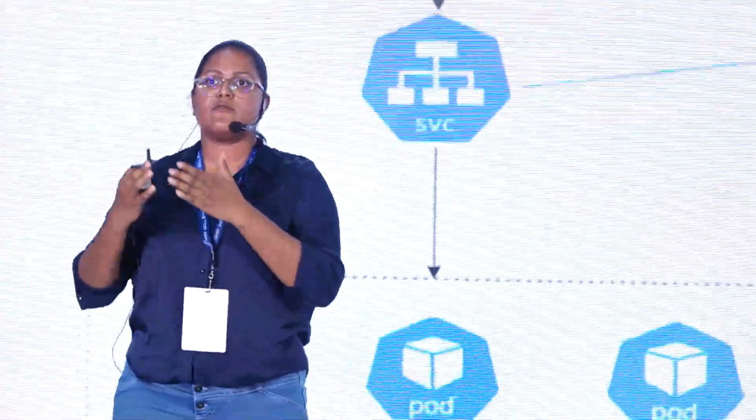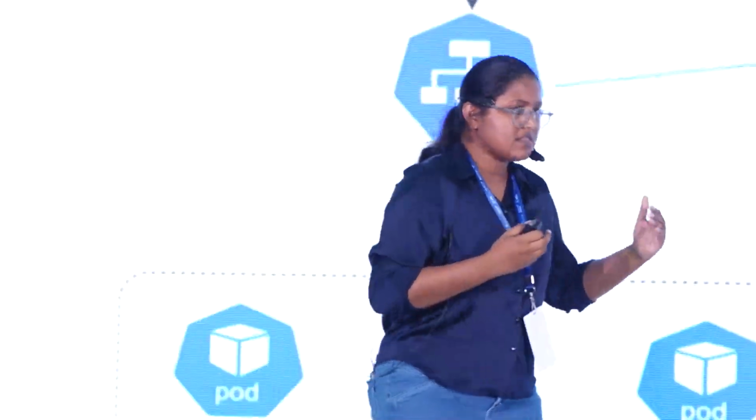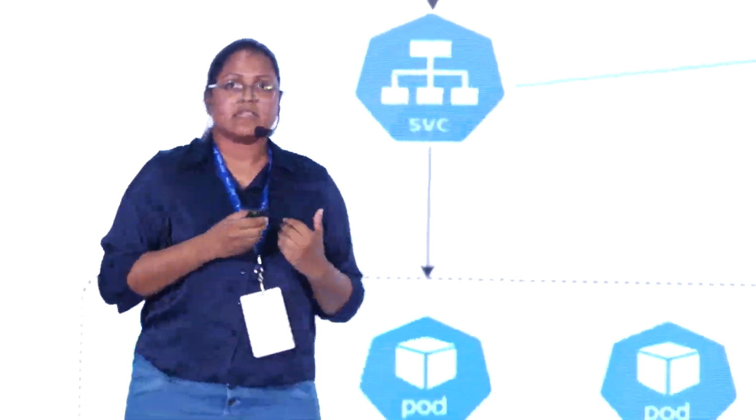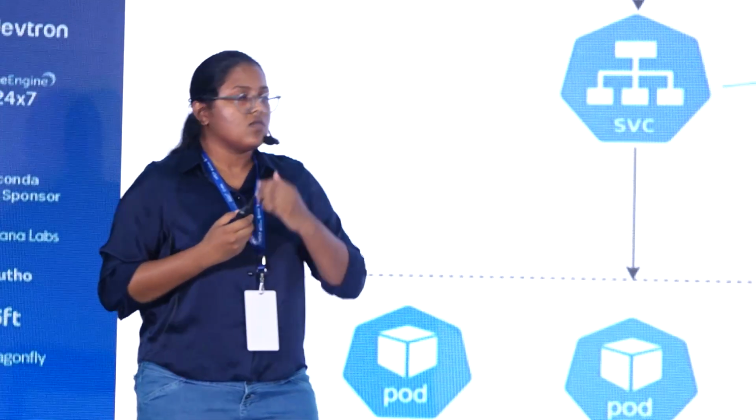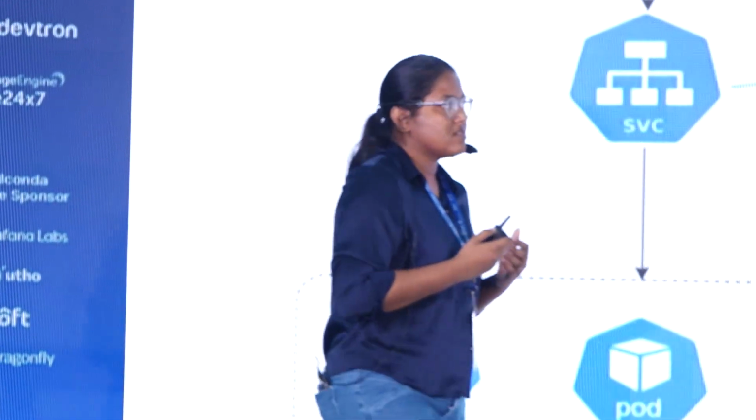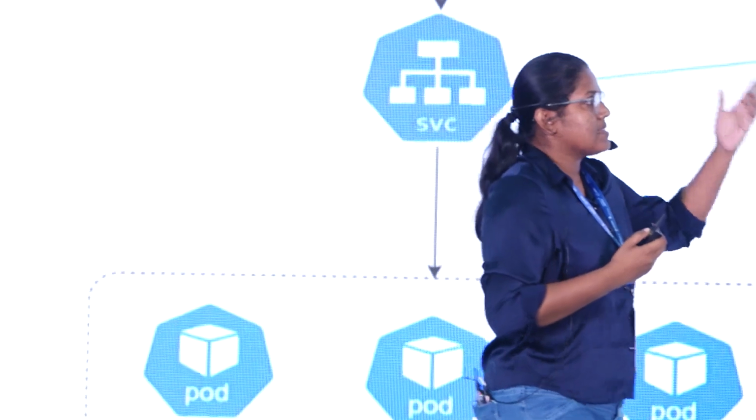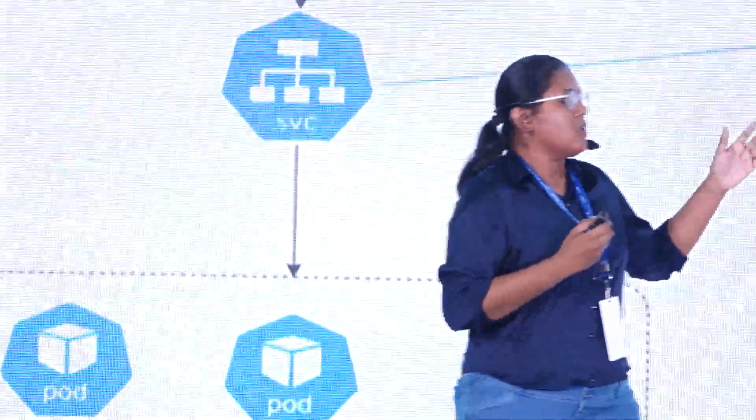You know, pods are ephemeral. The IP address of a pod can be changed anytime. But a service has a constant DNS name and an IP address that can be used. So that's basically the services. There are 4 kinds of services mainly: cluster IP, node port, load balancer, and external name.